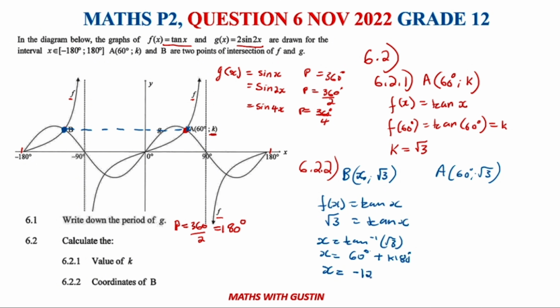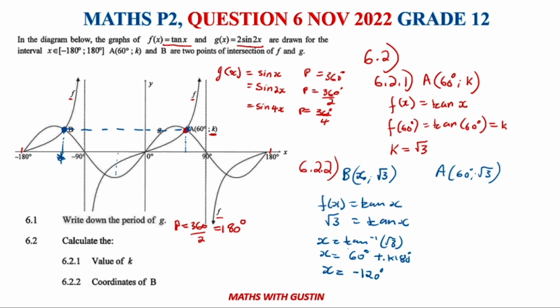Remember now k times 120 degrees, guys, because it's on the other side. What this one gave us was this value here, 60. But we are not looking for this 60 here, we are looking for this value here, which is above 90 and it's a negative, so we get that at negative 180.